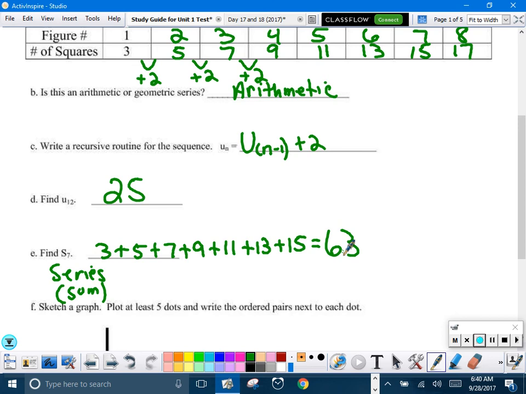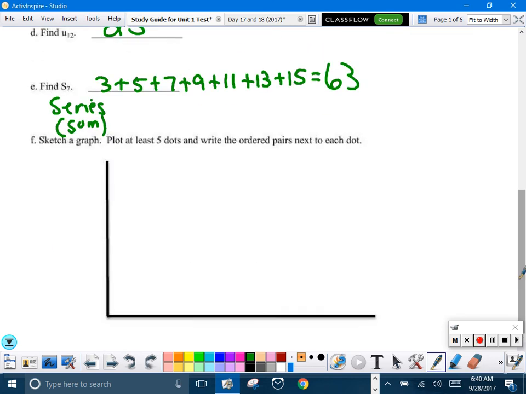All right, we're going to sketch this graph. Now, since this is arithmetic and it's going up consistently by 2, the dots are simply going to be in a straight line going up. So we're just going to draw 5 dots going up. Hopefully they're in a straight line, and then label them. So look at your table.